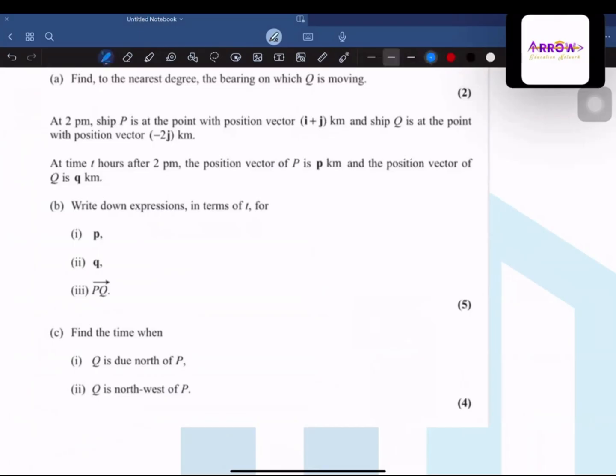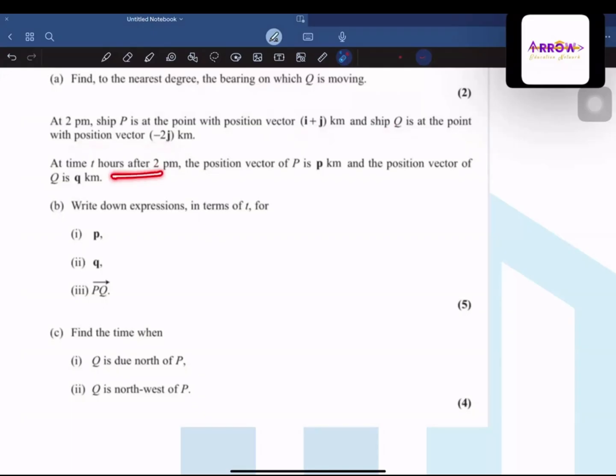This is the r naught of ship P, because 2 p.m. is basically the initial time, after which we are considering the journey of the particles. And ship Q is at the point with position vector minus 2j kilometer.